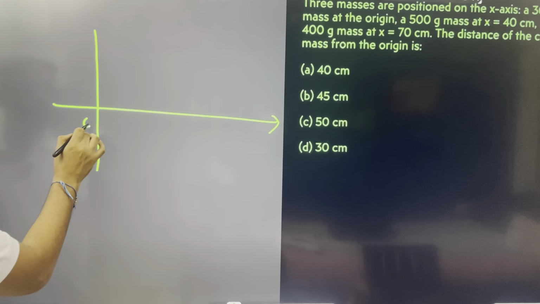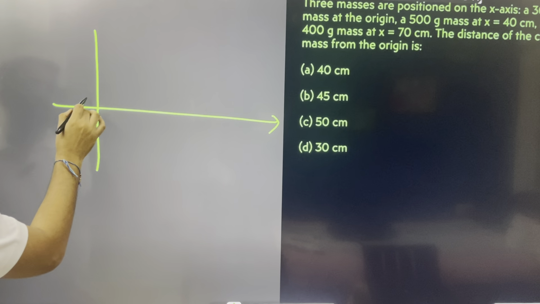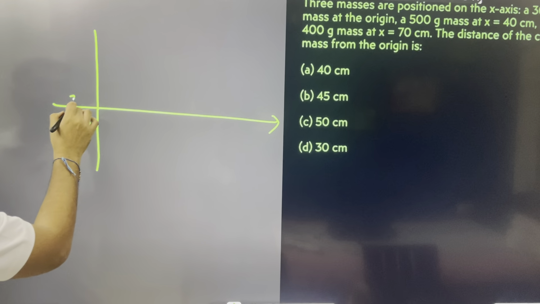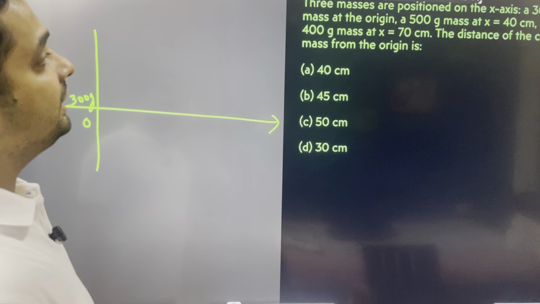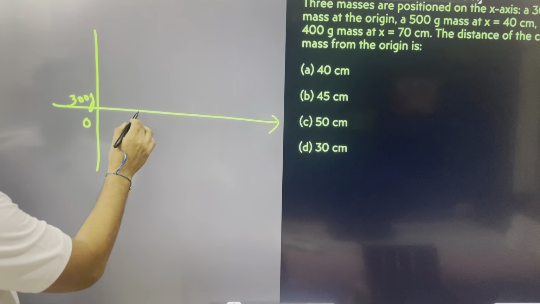So we consider the origin, and at the origin there is the 300 gram mass. The next particle, 500 gram, is at x equals 40 centimeter.